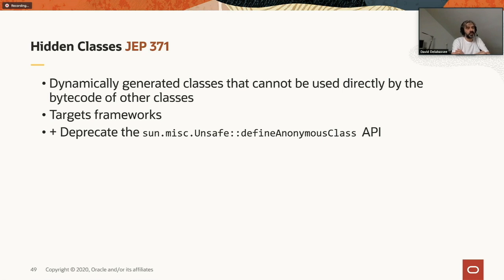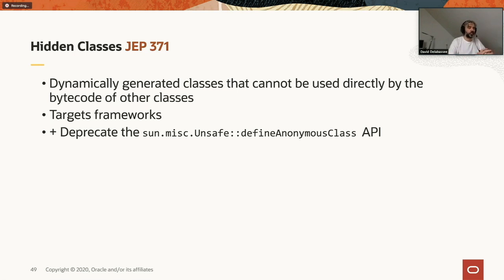The thing is that those classes, given that they are generated, can potentially be used by other external bytecode, something that we clearly don't want. So the hidden class feature now gives framework developers the ability to still generate classes dynamically on the fly, but those classes are hidden from the rest of the world.